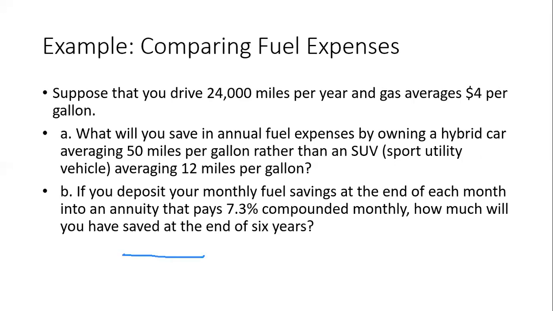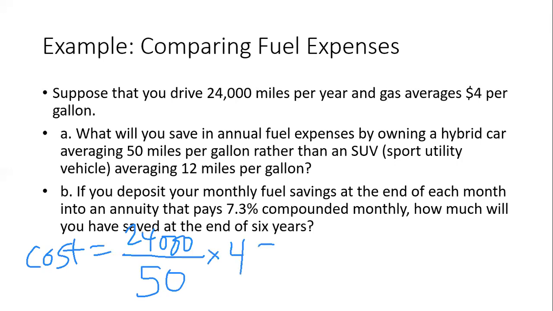Miles per gallon goes on the bottom of that equation. So we have annual fuel expense, which is the cost, equals the number of miles driven, 24,000, over the miles per gallon, multiplied by the price per gallon, which is $4. When you multiply that out in the calculator, it's $1,920.